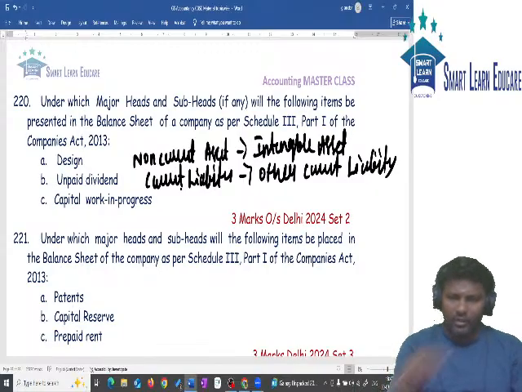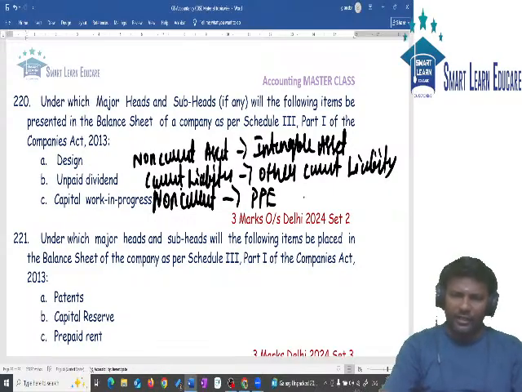Capital work in progress will come under non-current asset. Under PPE, we have the following heads. PPE is one head, intangible is one head, and also we have capital work in progress, and also intangible under development.